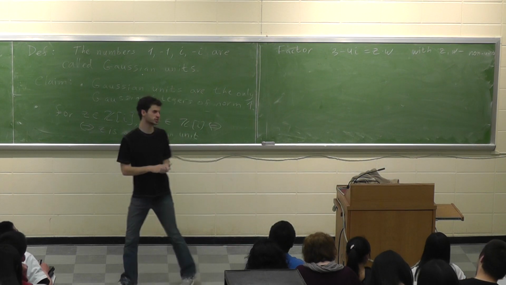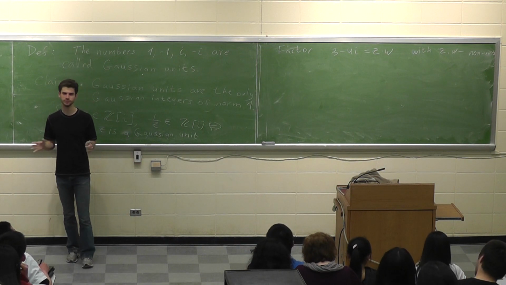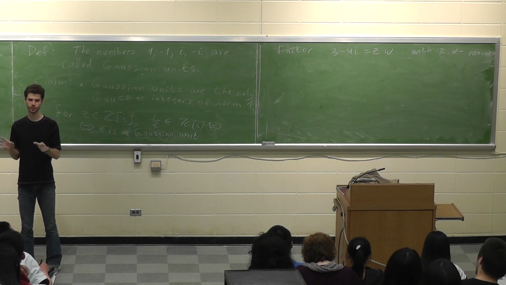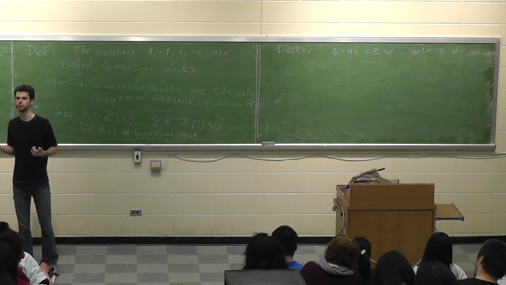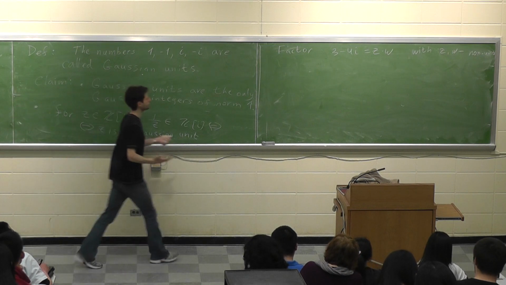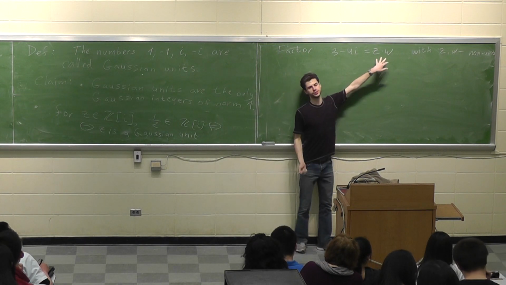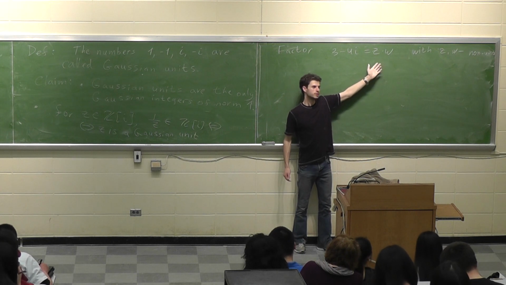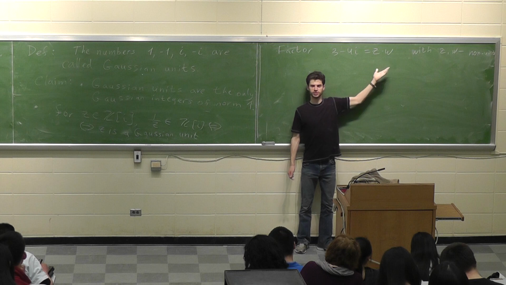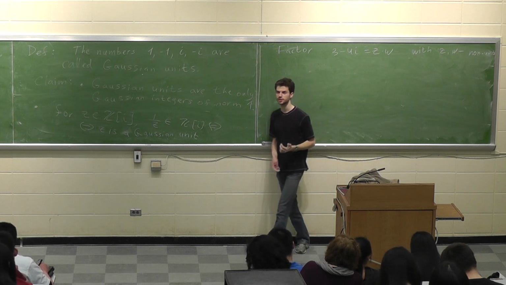So sometimes it is possible to write a Gaussian integer as a product of two other Gaussian integers such that none of them is a unit. I mean, some non-trivial factorization. Of course, we have the usual four factorizations with the units, but it's interesting whether there are some other things.